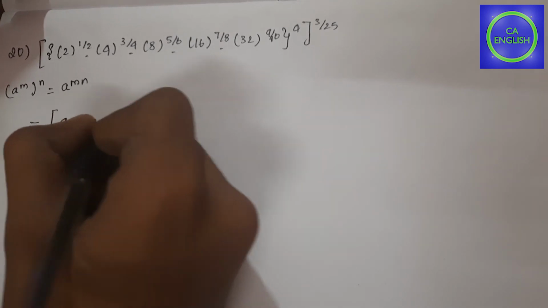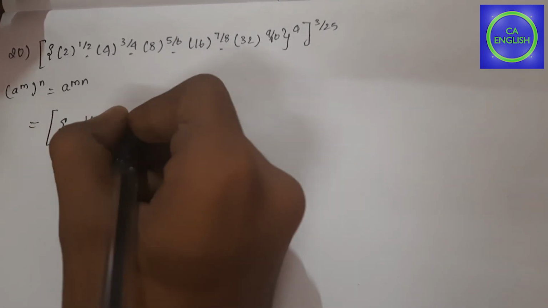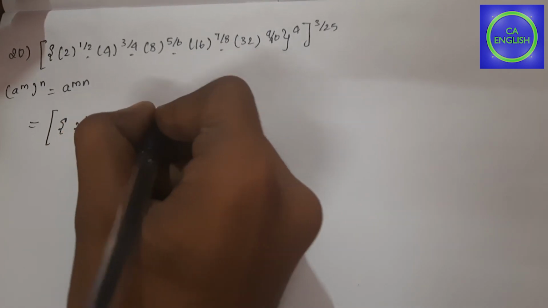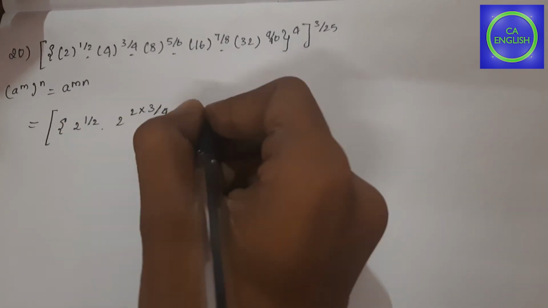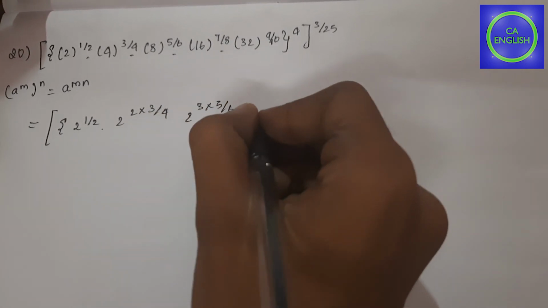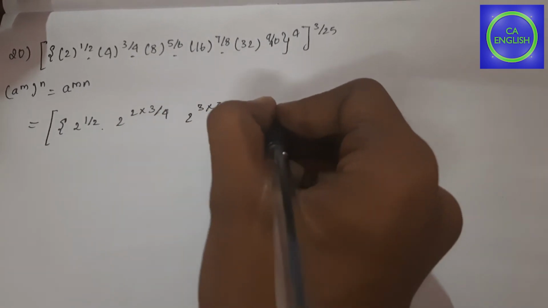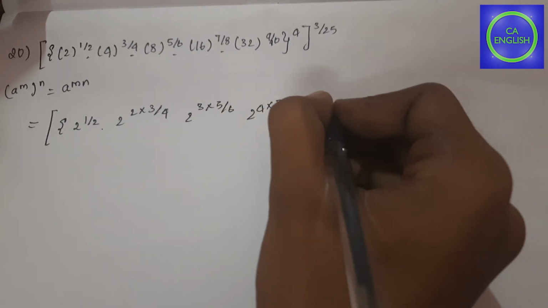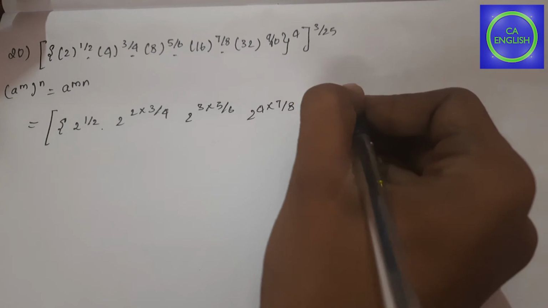2 power 1 by 2 into 2, we can write the 4 as 2 square into 3 by 4. Okay, and 2 cube into 5 by 6. Okay, next 2 power 4 into 7 by 8, and next 2 power 5 into 9 by 10.